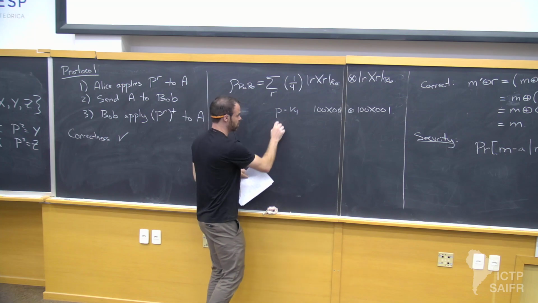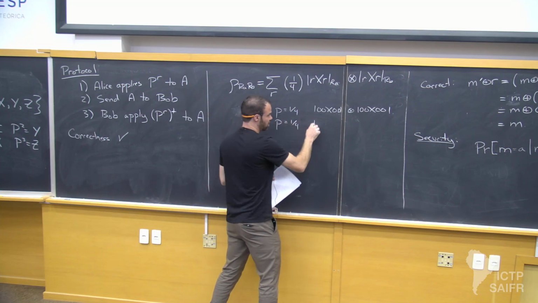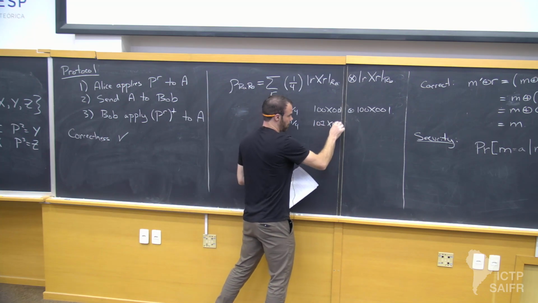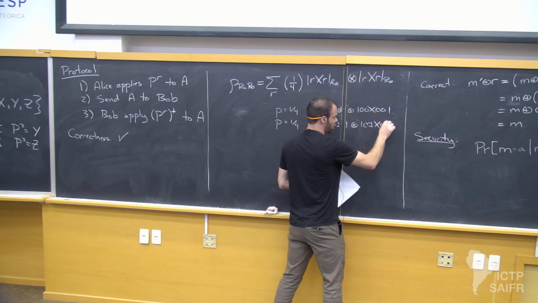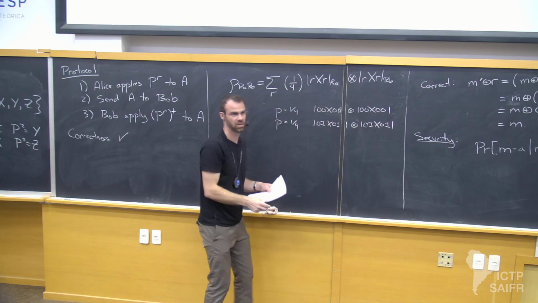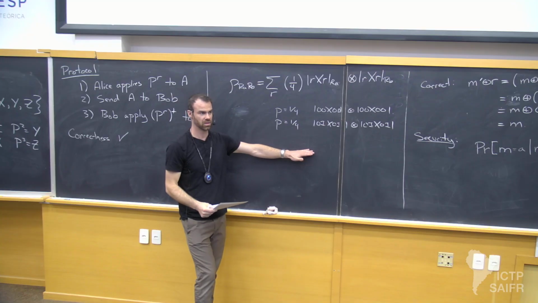And then with probability 1/4, Alice holds the string 0, 1, Bob holds the string 0, 1, and so on.